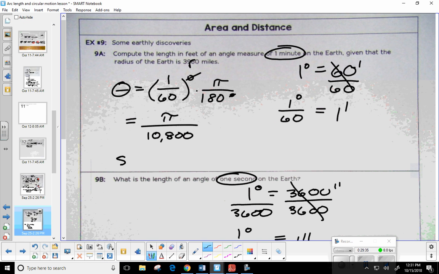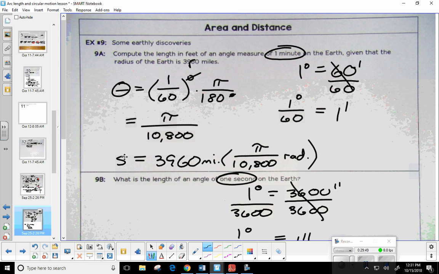And now let's find the arc length. S is equal to the radius that we're given, 3,960 miles, times pi over 10,800 radians. And remember, as soon as you introduce a unit of measurement, the radians just disappear.